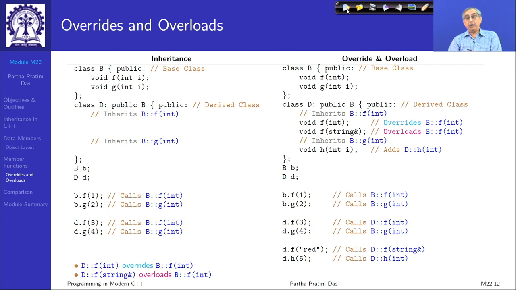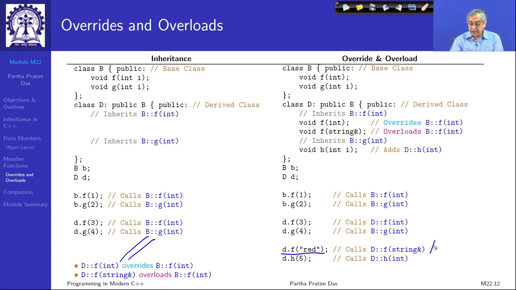Now, I have also called D::f with a const char star parameter, which can basically become a reference to string, a temporary object of string will get created, which I could not have done here because that kind of member function did not exist.